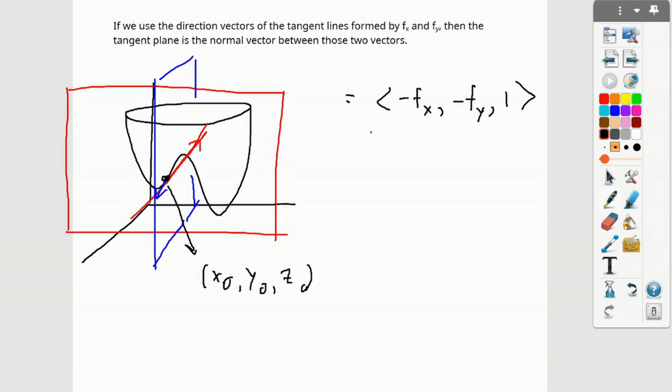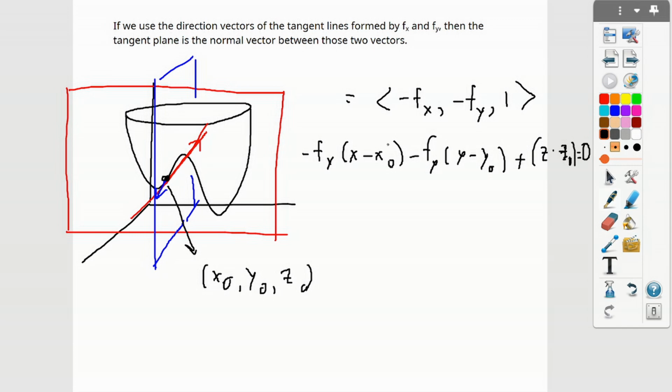So what are we going to get? We will get negative f sub x times x minus x0, minus f sub y times y minus y0, plus z minus z0 is equal to 0.